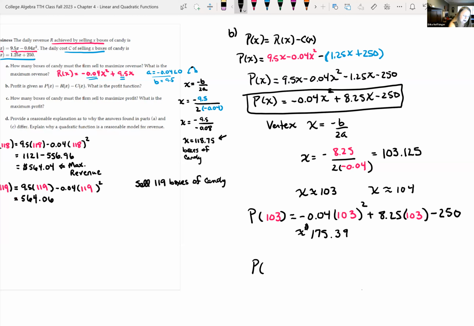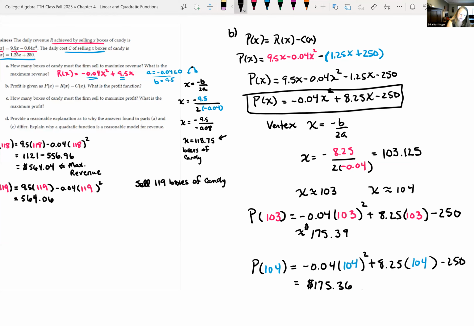Let me just look at the profit at 104. So plugging in 104 wherever you see an X into that same equation, if we do that, you should get $175.36.